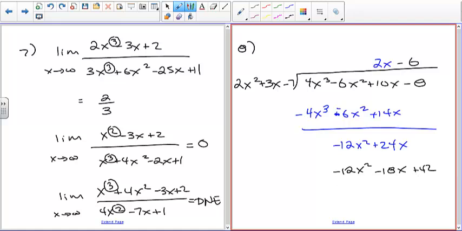Okay, so if you go through and make this positive and this negative, and then you add them together, negative 12x plus 12x goes to 0. You have 24 plus 18, which is 42. And really the rest of it's your material when it comes to slant asymptotes, so you could just stop there.